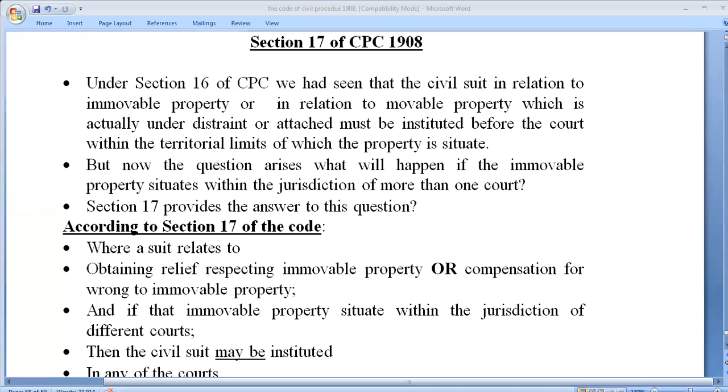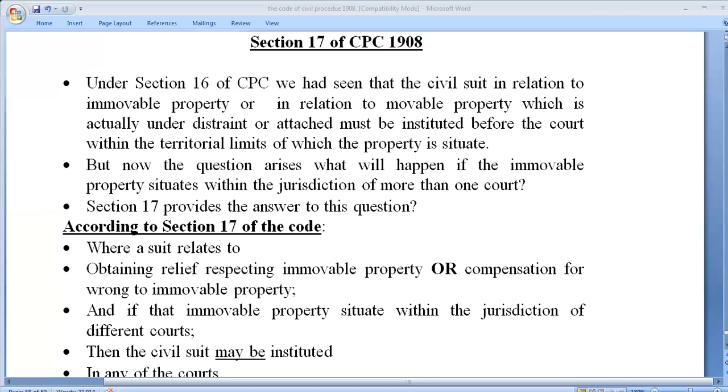I want to repeat, what will happen if the immovable property for which the dispute is related situates within the jurisdiction of not one court, but within the jurisdiction of more than one court? So in this case, section number 17 provides the answer to this question. What is stated in section number 17 of CPC? Let us see.